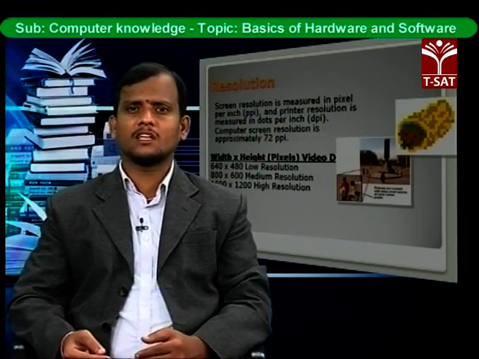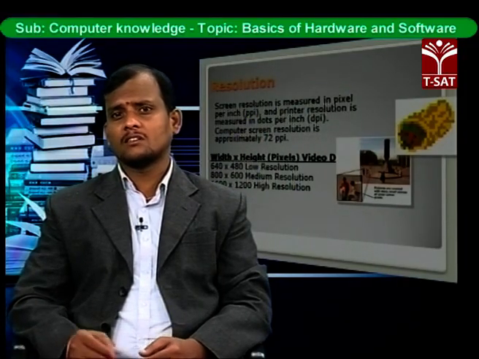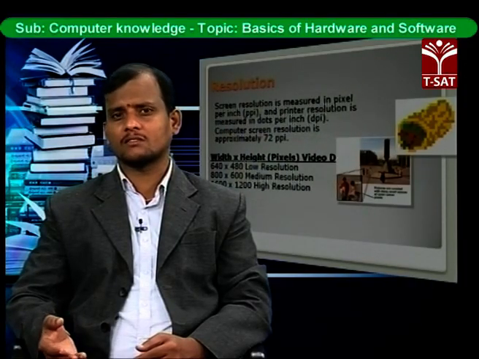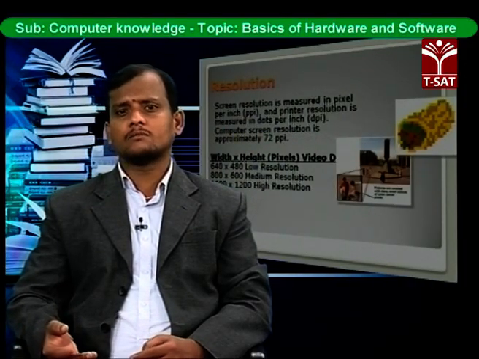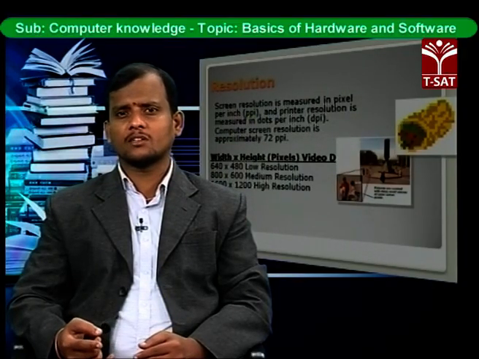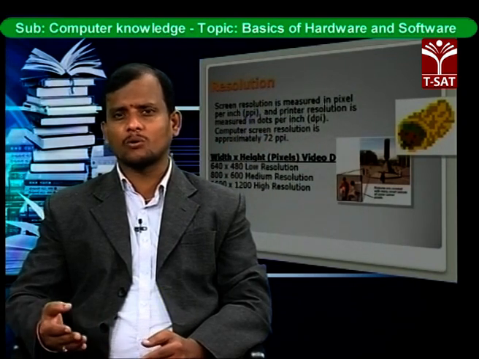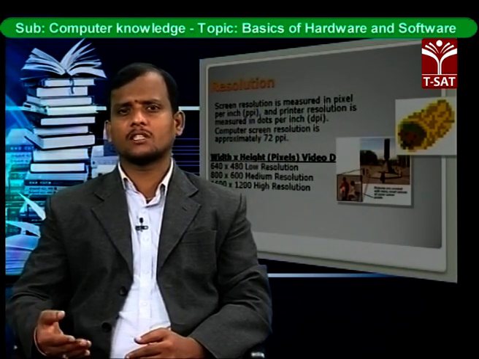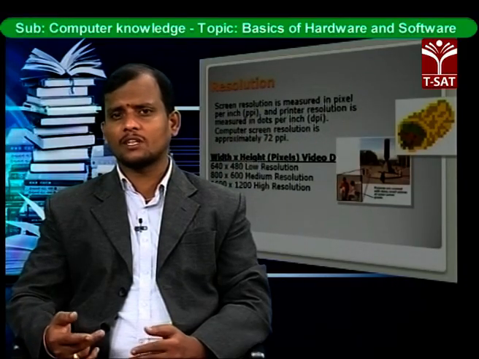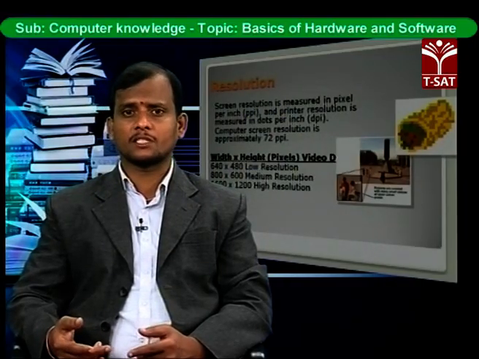That is measured in pixels, the shortcut is PPI. That is a pixel, approximately 72 pixels. So you can see height and width of the pixel. 640 into 840 is the low resolution, and 1600 into 1200 is the high resolution. That is how the pixels are measured.